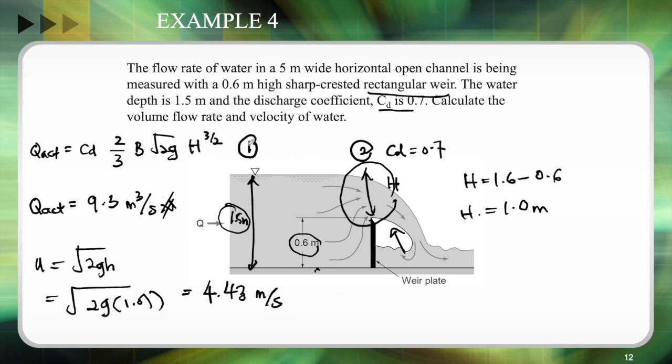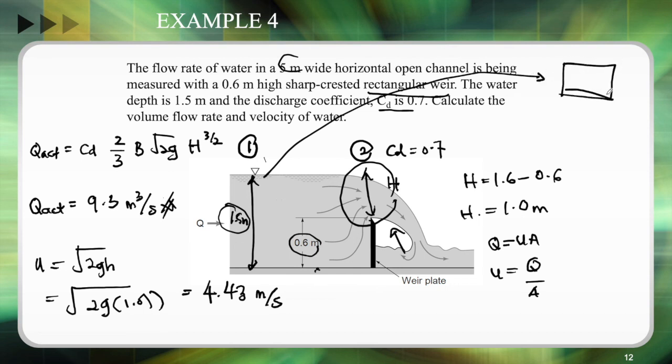We have already calculated the velocity at point 2. Now we calculate the velocity at point 1. For the velocity at point 1, we will use Q equals UA, so U equals Q over A. What about the area? Area is 1.5 times the 5 meter width, because if we look from the front, we will see this kind of shape: this is 5 meter and this is 1.5 meter.